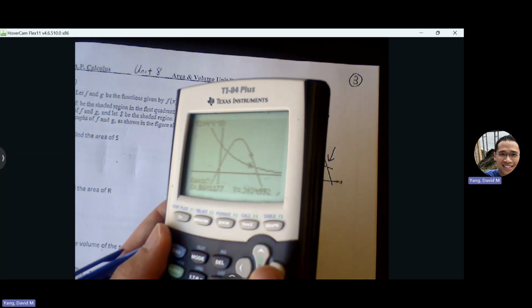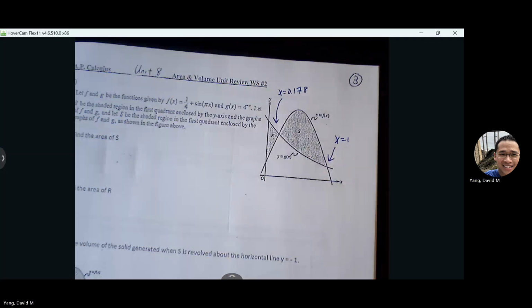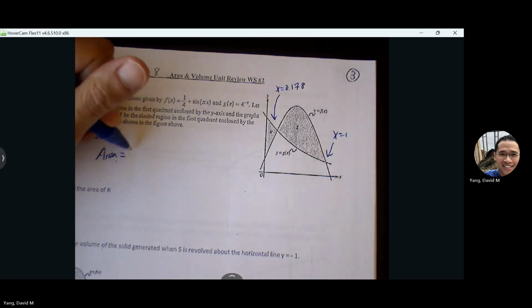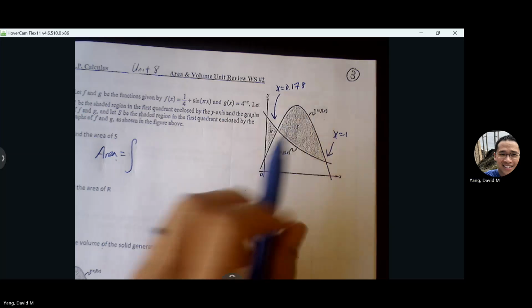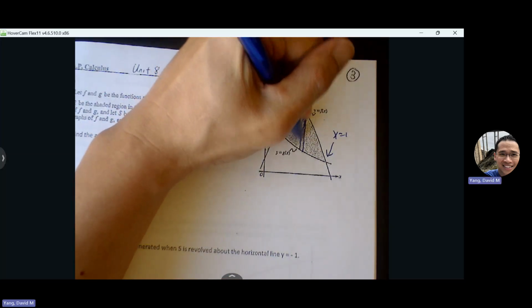Pick a point near your second intersection. Ends up being exactly 1. So area of region S is just top minus bottom. Top is the f of x, bottom is the g of x.